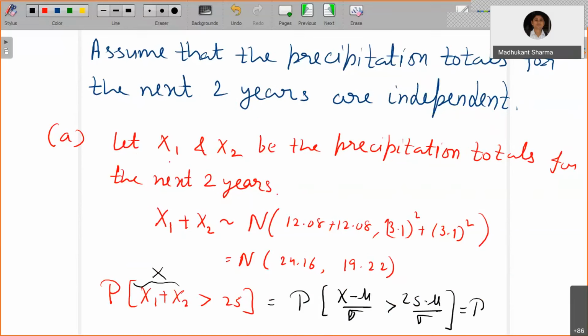So that is the probability of x minus 24.16 divided by the square root of 19.22 greater than 25 minus 24.16, that is 0.84, divided by the square root of 19.22, and that is going to be 0.1916.